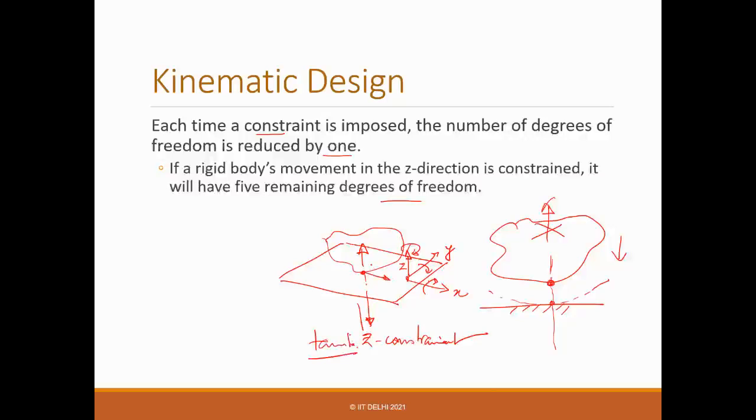Along Y, it can still slide. About X, if you are talking about rotation, it can rotate. The entire body can rotate. Same with Y and Z. So you still have 5 DOF left and 1 constraint.